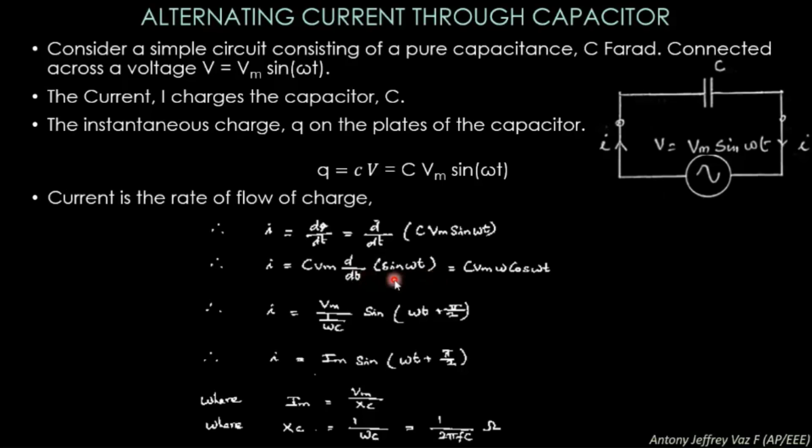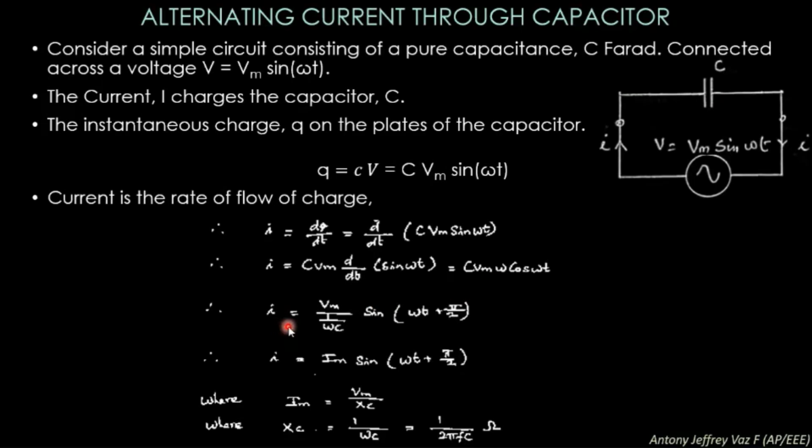While you differentiate sine omega t, you will get cos omega t, which is nothing but CVm. When you differentiate, you will get another omega and cos omega t. After that, we take the omega term out by dividing the terms.